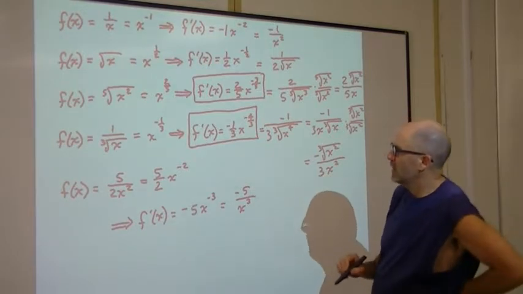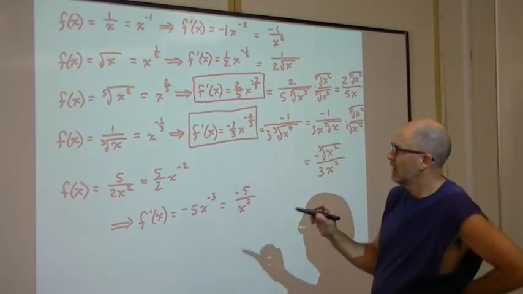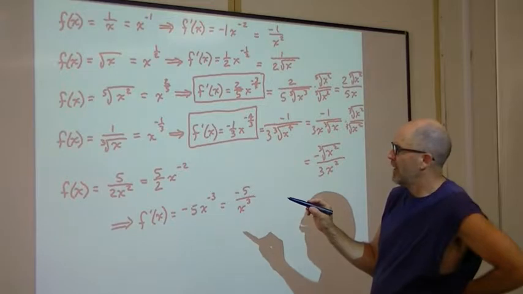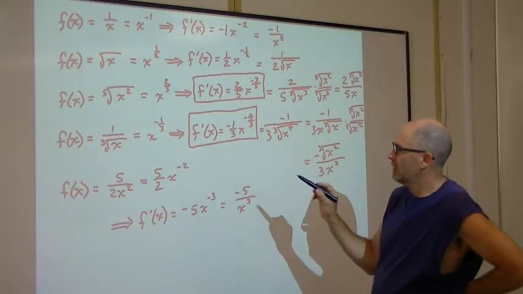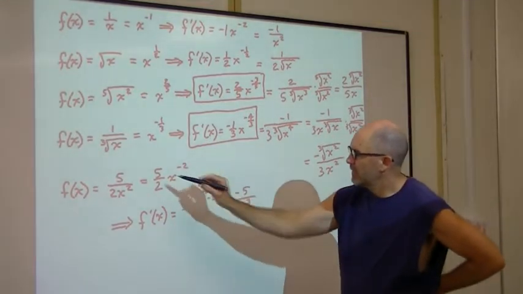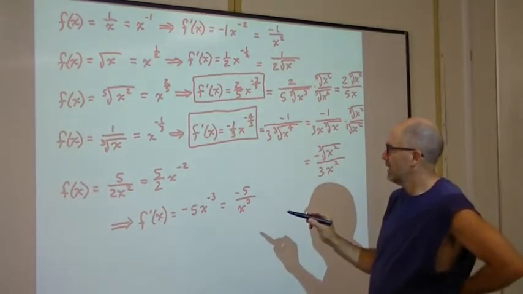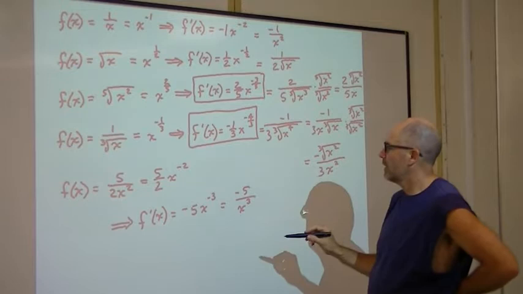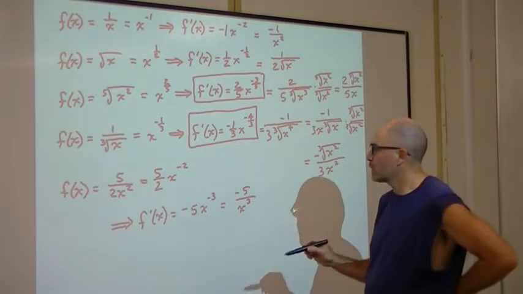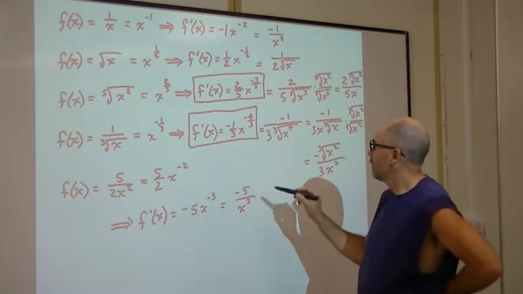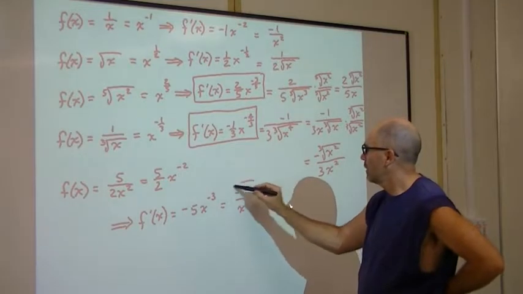Did I do that right? Let's see. Yeah, 5/2 x to the negative 2, so negative 2 times that is negative 5 x to the negative 3. Yeah, that's right. Yeah, it's just kind of strange. It worked out really nice and neat.